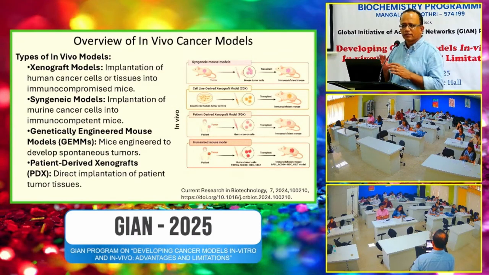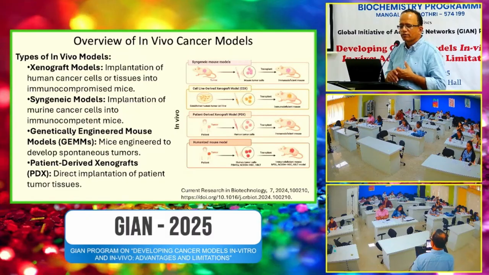Then you use a syngeneic mouse model, where you implant murine cancer cells, mouse cancer cells, back into immunocompetent mice, where you basically get the immunity and whatever microenvironment is in those mice.